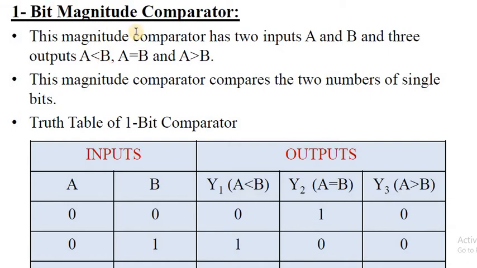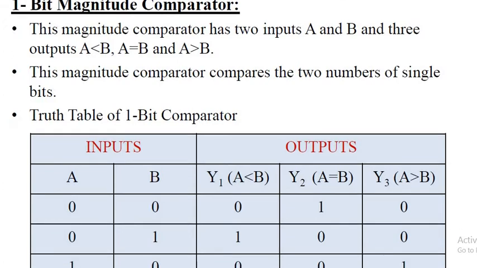First of all, the design steps of any combinational circuit: first is the truth table, after that the K-map, after that finding the logical expression using the K-map, and the last step is to implement the actual diagram using logic gates with the help of the logical expression.